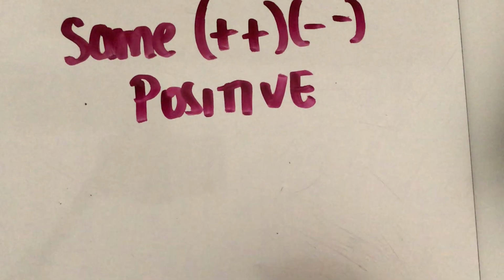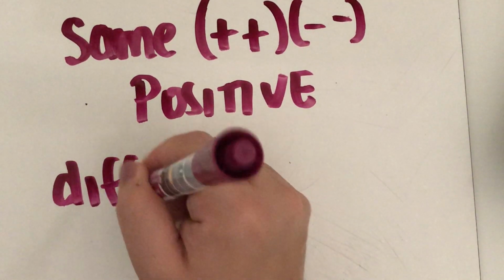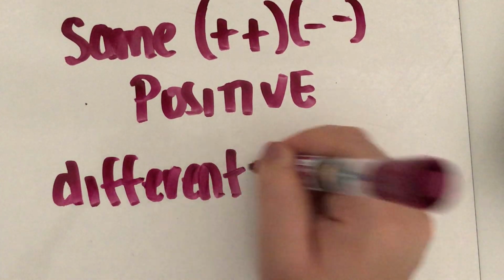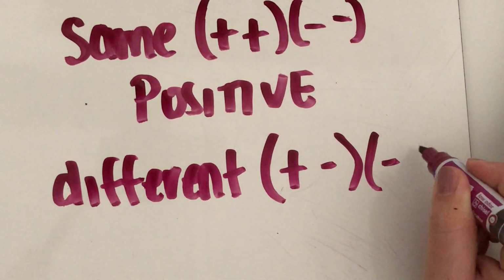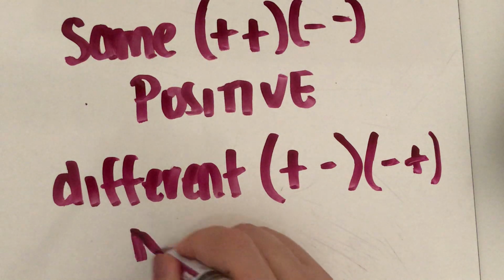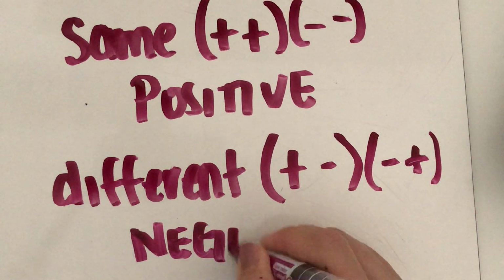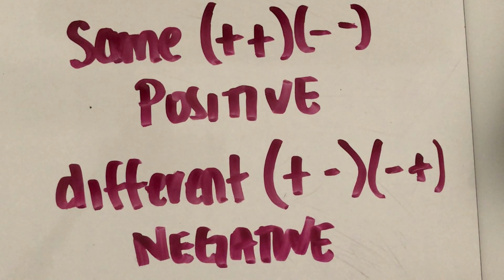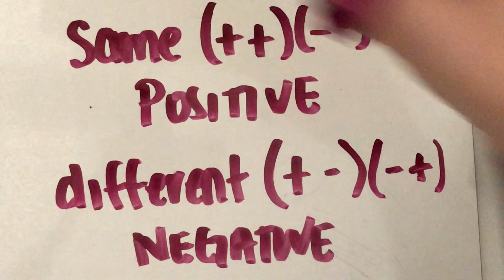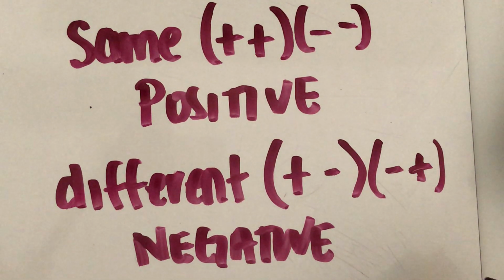If we have different signs, so that is plus negative, or just flipped around, negative plus, my answer is going to be negative. If you need a refresher on that, head back to our week 1 video where we went over the PowerPoint of multiplying and dividing integers.